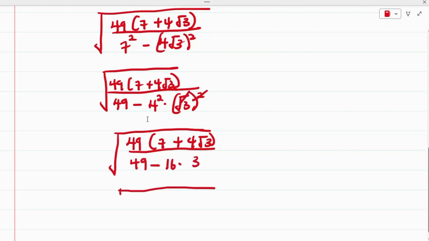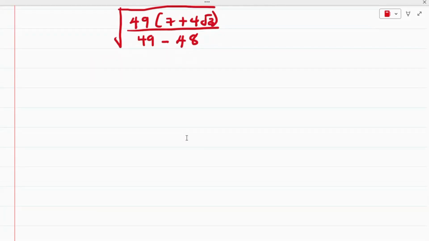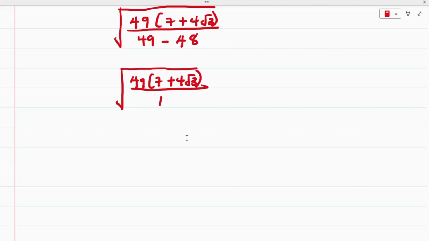So we have the square root of 49 multiplied by 7 plus 4 root 3.